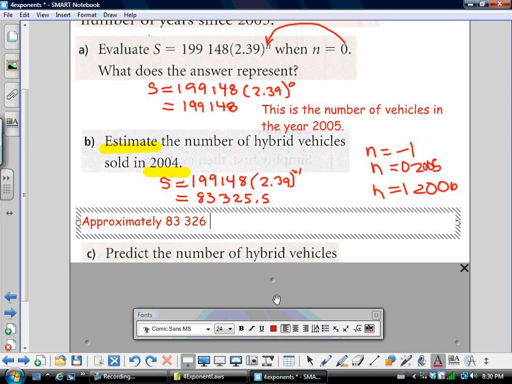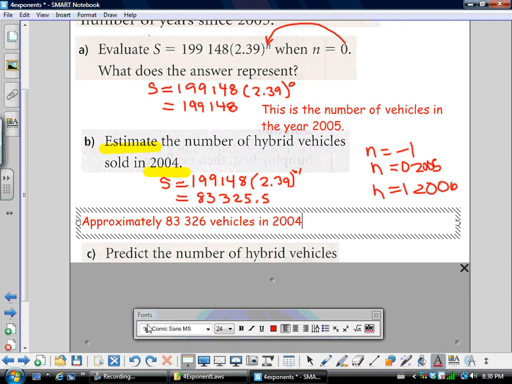I'm going to round it up. You can see I'm having problems actually typing vehicles.